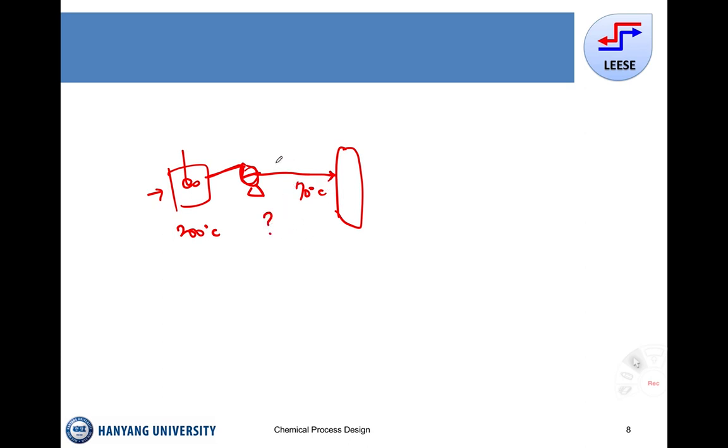Rather than directly pumping from the reactor to the separator, we need to use cooling water to reduce the temperature from 200 degrees C to 70 degrees C, okay?